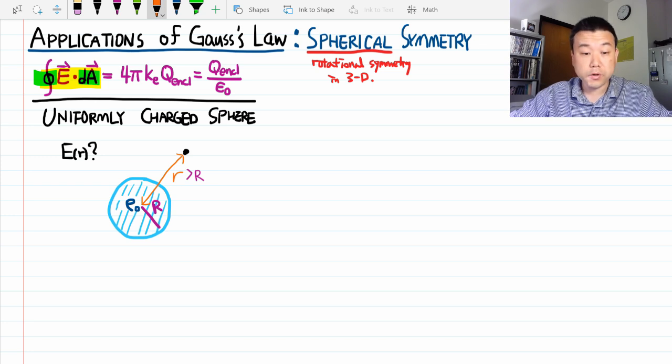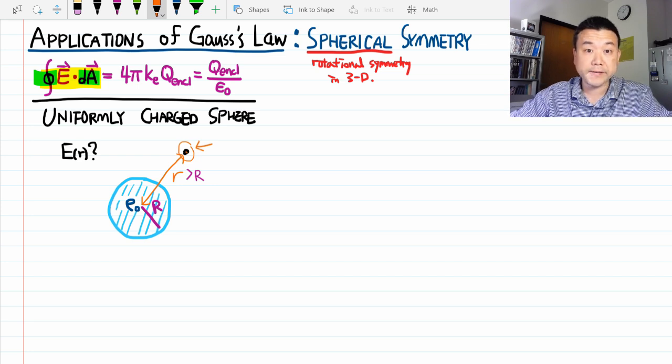Since we want to find the electric field at this point, we better define a surface that includes this point here. And the key to choosing a useful Gaussian surface is to choose a surface that follows the symmetry of the setup. Here we have a spherical symmetry, so we should choose a spherical surface that includes this point.